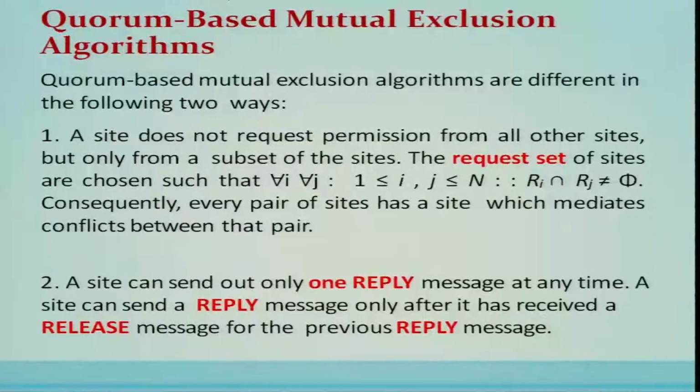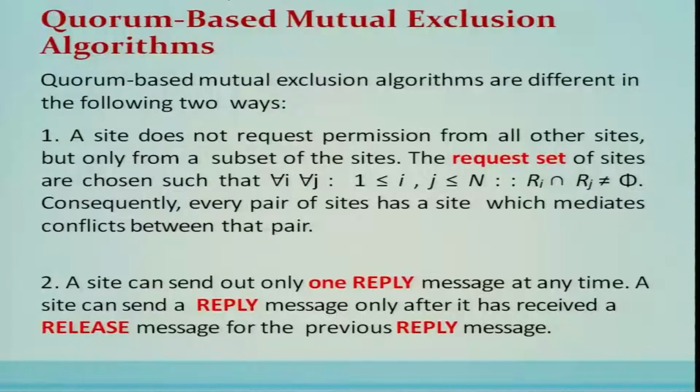Quorum-based mutual exclusion algorithms are different in the following two ways. A site does not request permission from all other sites, but only from a subset of the sites, and that subset of the sites is called the request set of a site. The request sets are chosen in such a way that for any i and j between 1 to n, the intersection of the request set of i and the request set of j is not null.